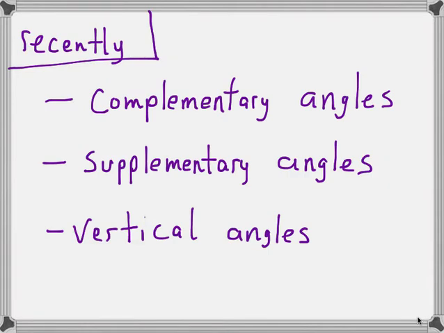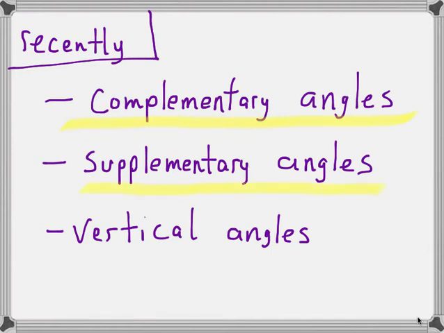Recently, we talked about three different theorems. Complementary angles, obviously: two angles that add up to 90 degrees. That's a definition you need to understand and be able to use. Same thing for supplementary.